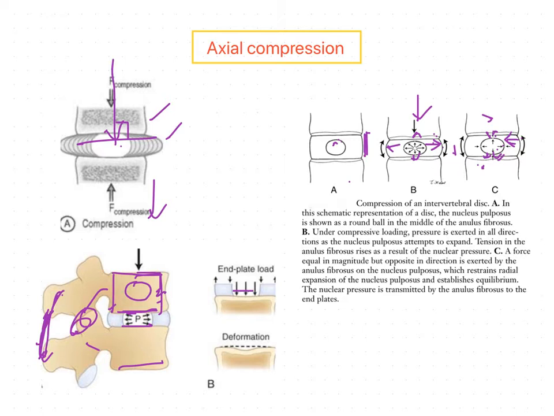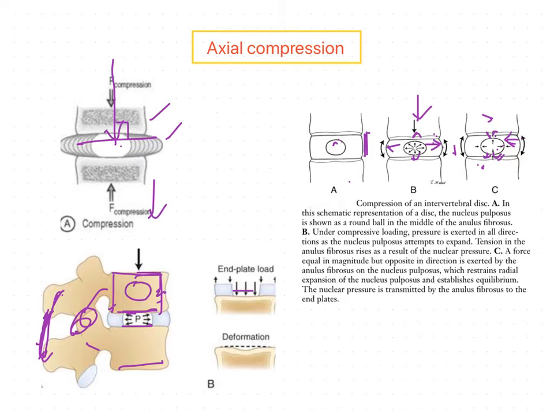The discs and trabecular bone are able to undergo a greater amount of deformation without failure than the cartilaginous end plates or cortical bone when subjected to axial compression. The end plates are able to undergo the least deformation and therefore will be the first to fail under high compressive loading. The disc will be the last to fail.